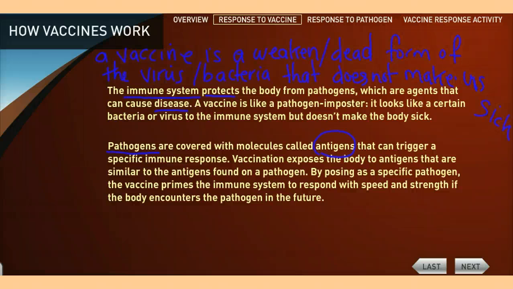The B cell will release antibodies so that it detects, hey, this is a pathogen, something that does not belong to our body. So pathogens are detected by the antibodies. And how does the antibody know that this is a pathogen? Because all pathogens are covered with antigens.